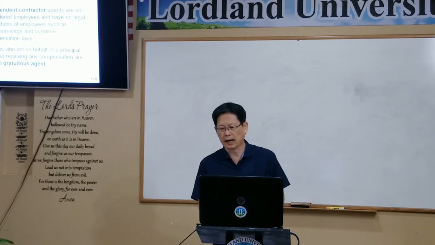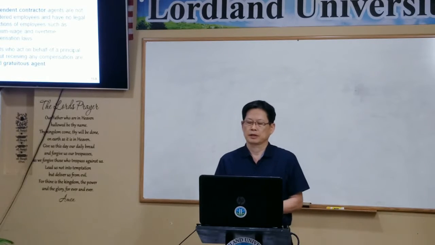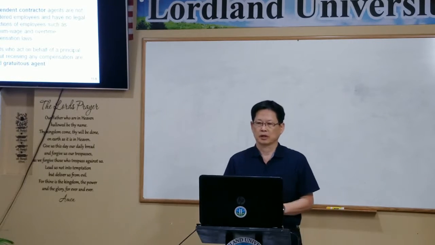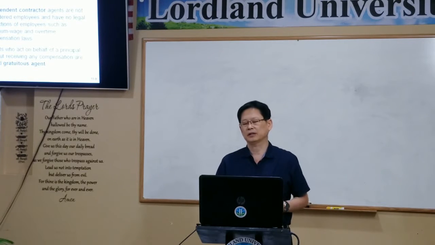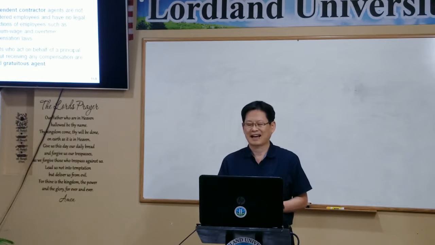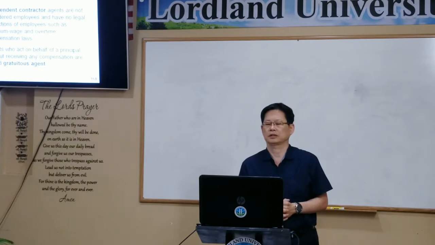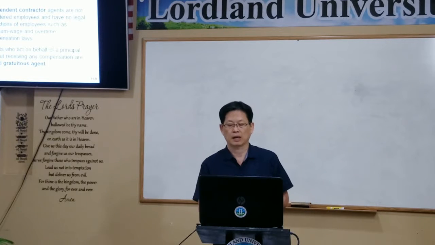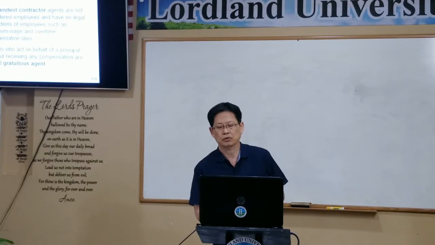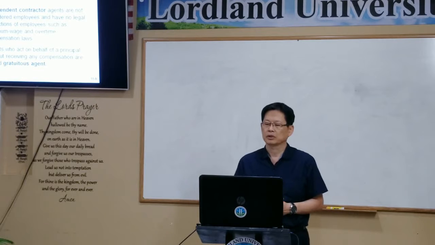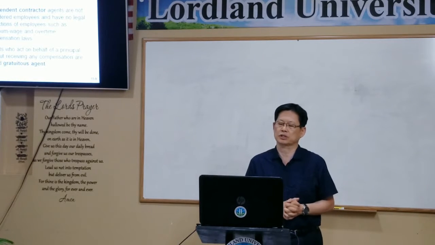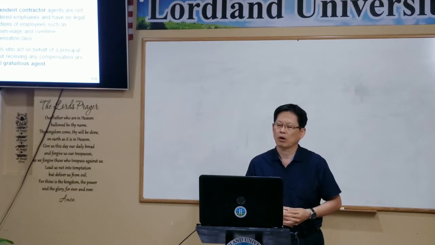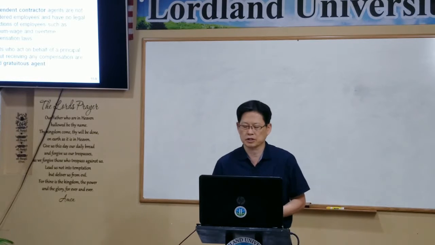Second type of agent is an independent contract agent. Independent contract agents are not considered the employee. Why? Because they have no legal protections of employees, such as minimum wage and overtime compensation law.